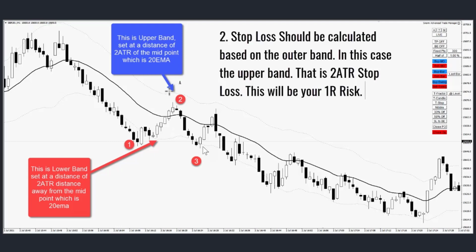We have found that if you have your initial stop loss all the way up there, it will increase your win rate. In this case, the upper band is up there. This would be your 2 ATR stop loss, and that would be your 1R, which is 1 unit of risk.